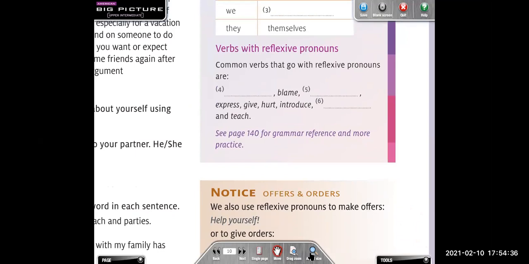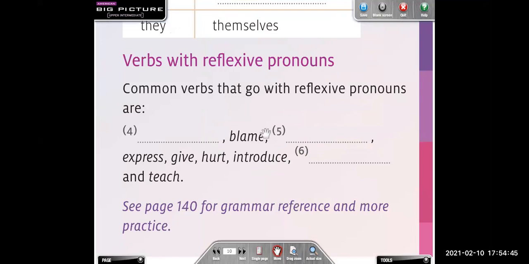Take care of. Ask. So you can write here, enjoy, take care of, and ask. We have here blame, express, give, hurt, introduce, and teach. So we can use all these verbs when we are using reflexive pronouns, okay? Any questions until here?